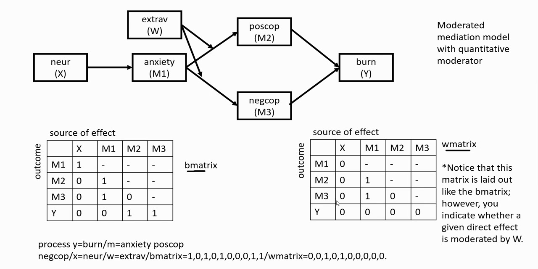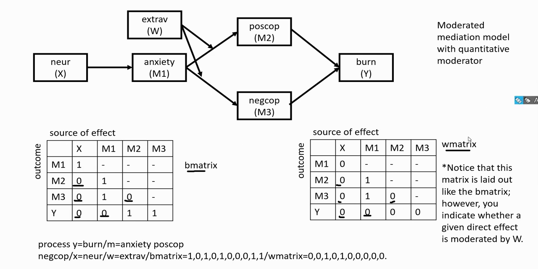Now, keep in mind, for moderation to take place, there needs to be a direct effect that's specified in the B matrix. So where you have over here values of 0 in this particular matrix right here, those corresponding values are going to be the same in our W matrix. So this value right here, this value right here, this one, and then this one right here. So then, with respect to the remaining direct effects, we have to indicate whether moderation is taking place.